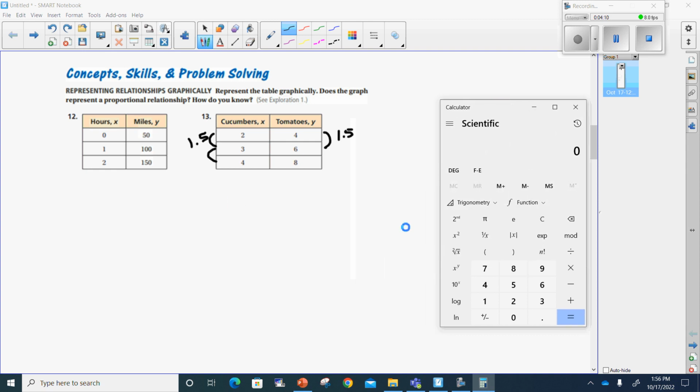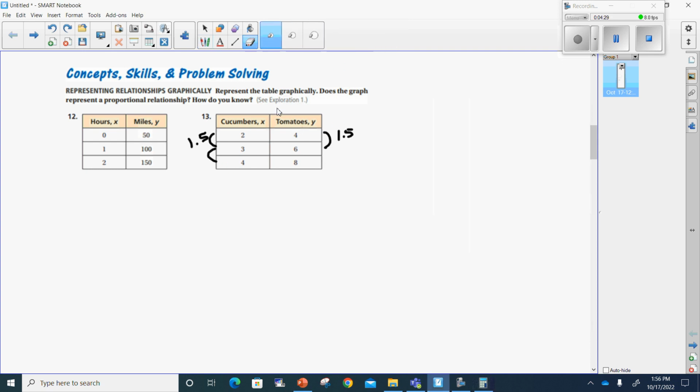So 8 divided by 6 is all I need to do. 8 divided by 6 gives me 1.3 repeating, okay? And 4 divided by 3 is also 1.3 repeating. So I did multiply by the same thing, but it's saying, does the graph represent a proportional relationship? Okay. Oops, sorry.